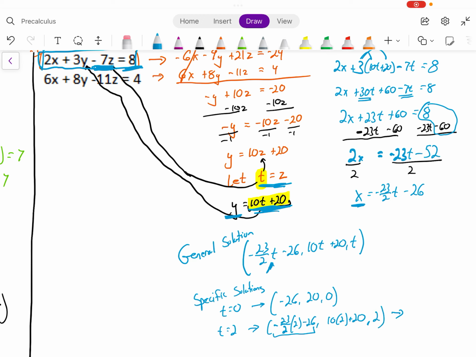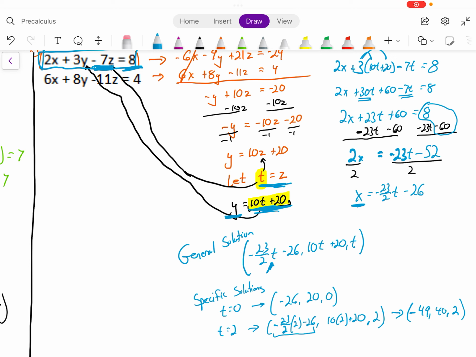And so that solution is going to be negative 49, 40, 2.